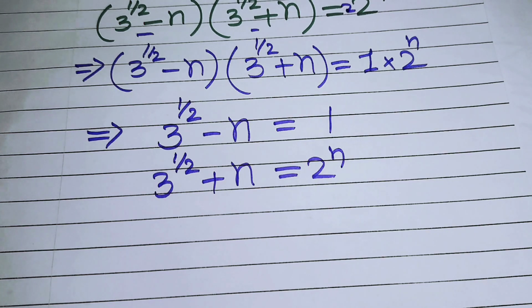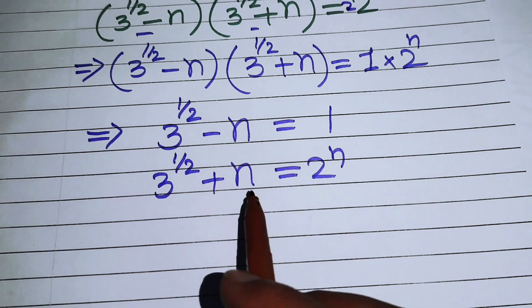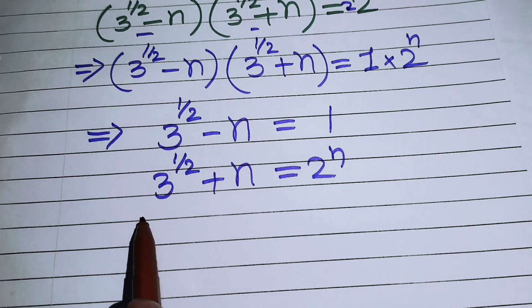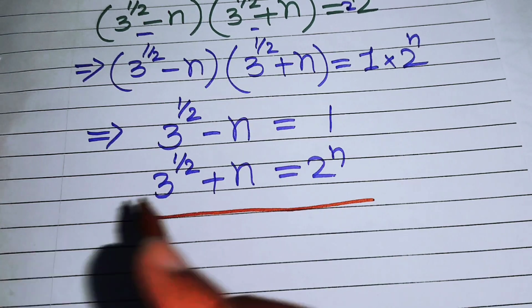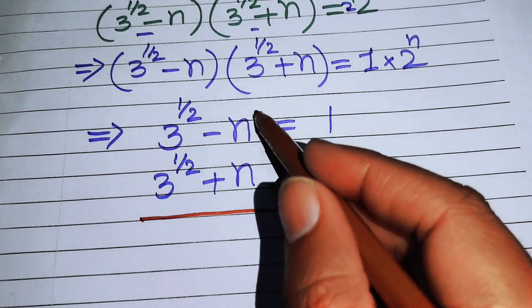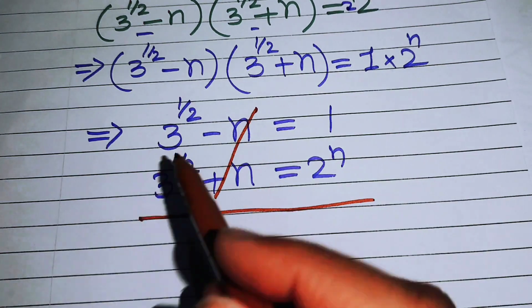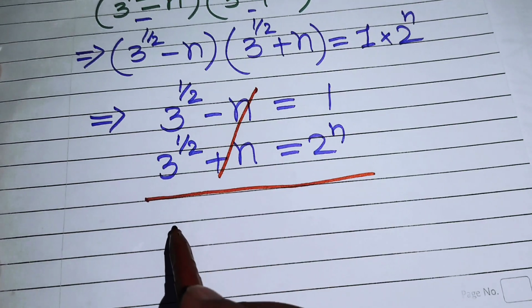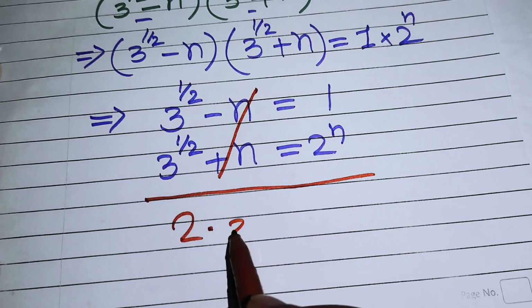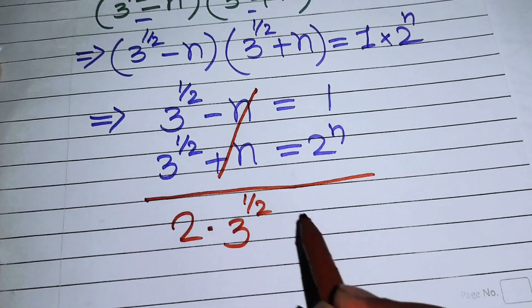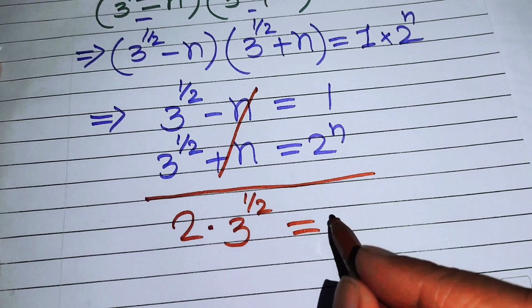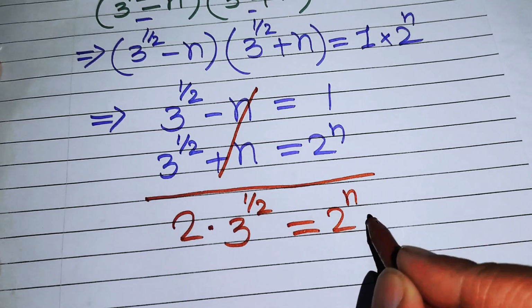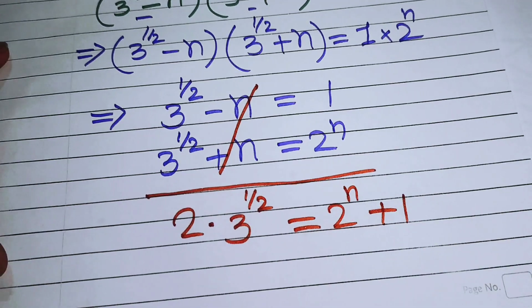And now in the next step, we just eliminate this n on the left hand side, so we will just add these two equations. You see that the negative and positive terms cancel each other, and these like terms are added, and we get 2 times 3 to the power of 1 over 2 equals, here we add these two terms and we obtain 2 to the power of n plus 1.